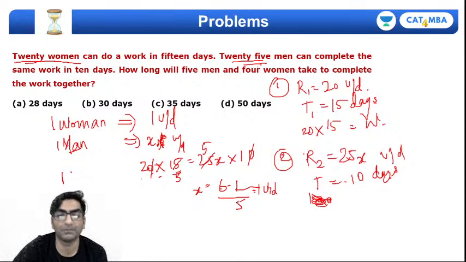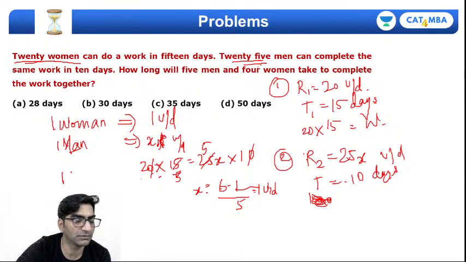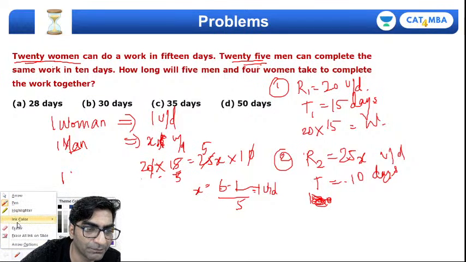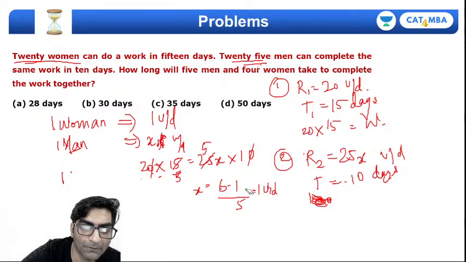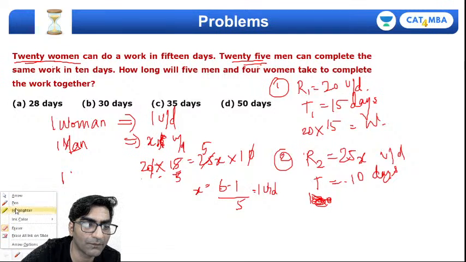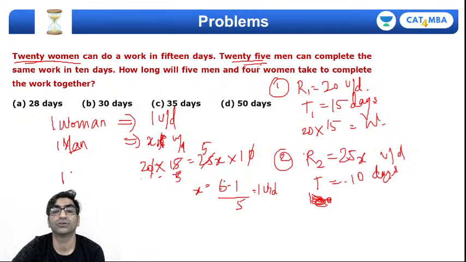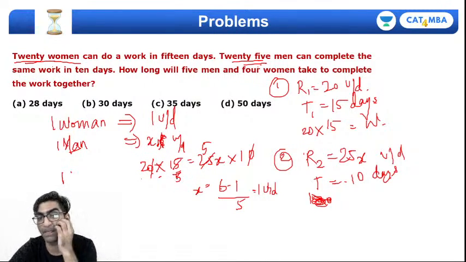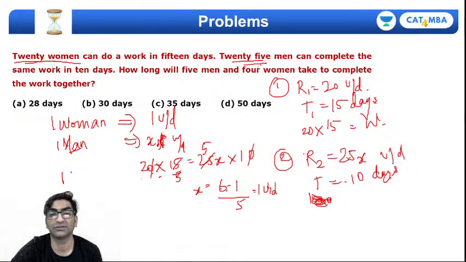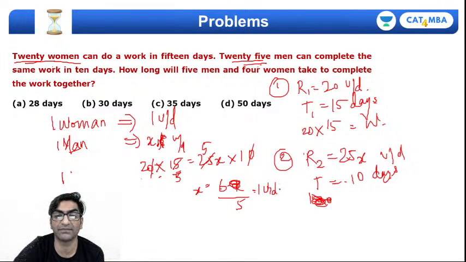So, oops, I think slip of hand. Yeah. So you're getting 6 by 5, right? So 6 by 5 units per day, or 1.2 units per day is the rate of a man.